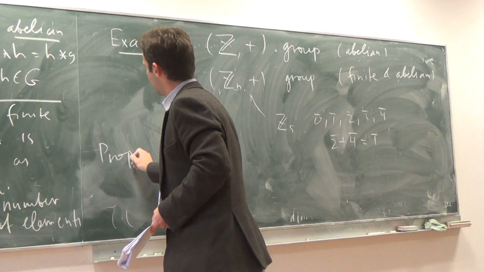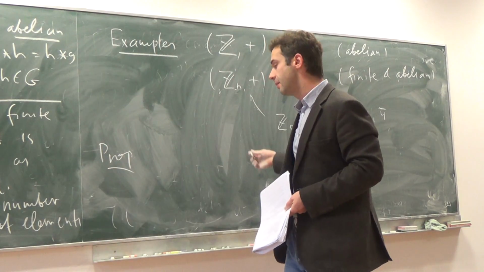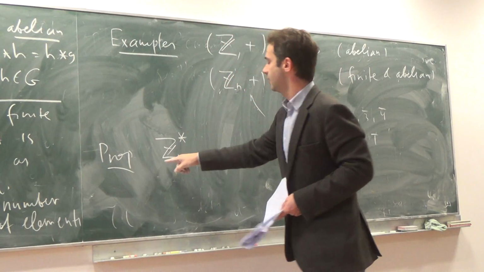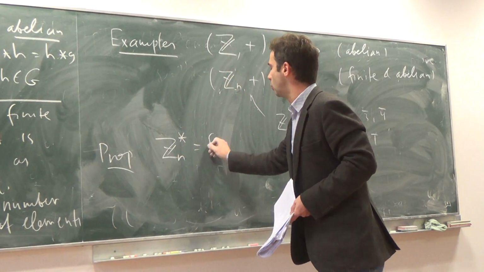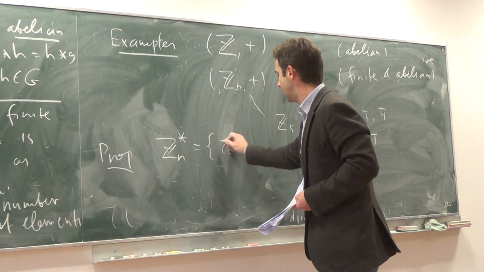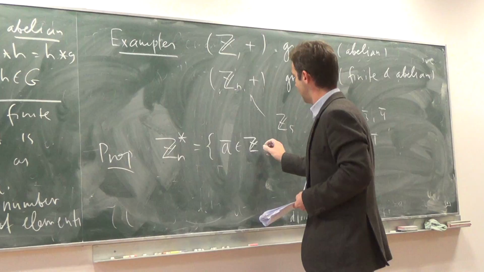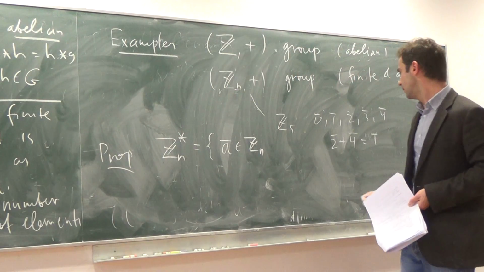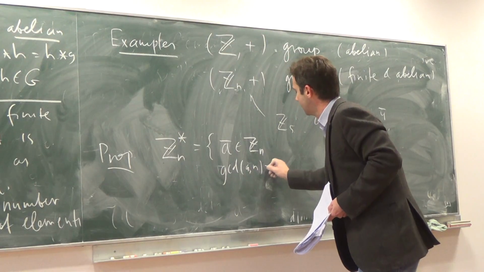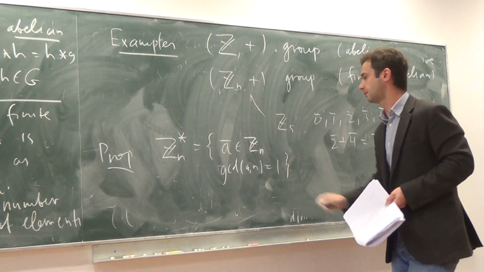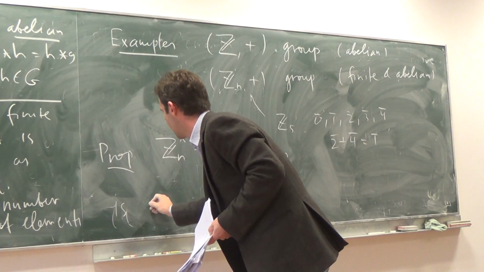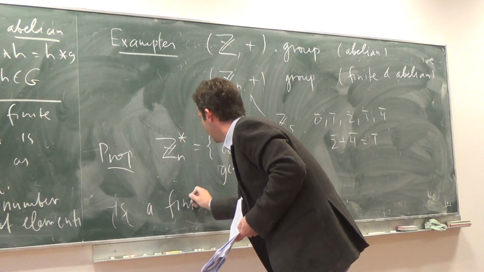But what will be the most relevant for us is, okay, let's make a statement. Zn star, which let me remind you are elements mod n such that they are coprime to n, is a finite abelian group.